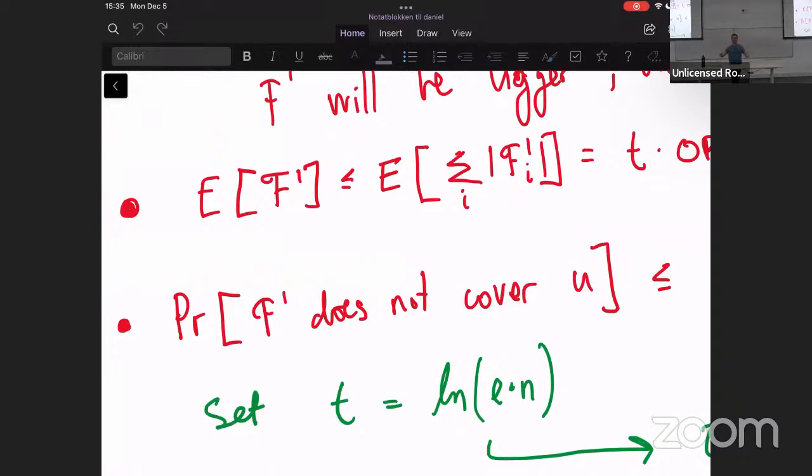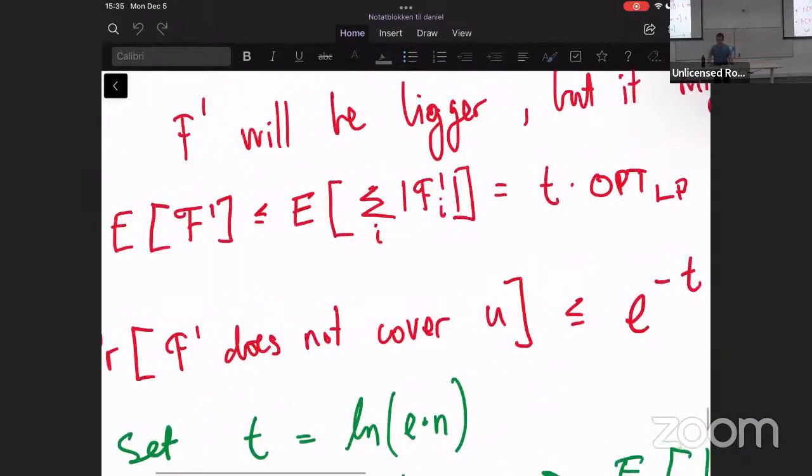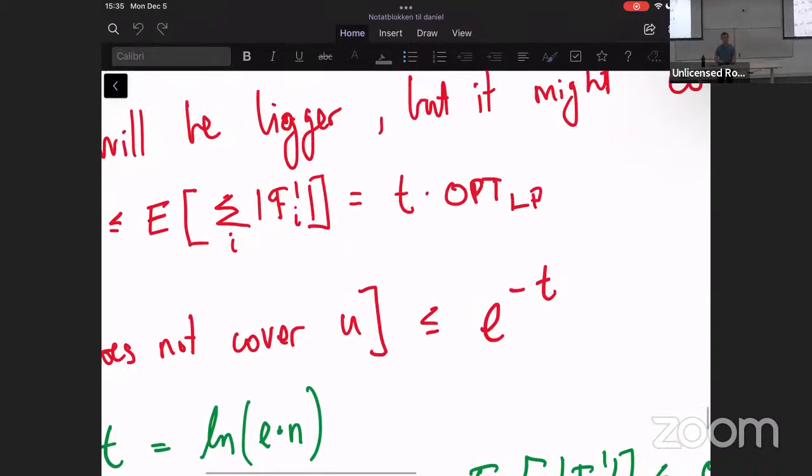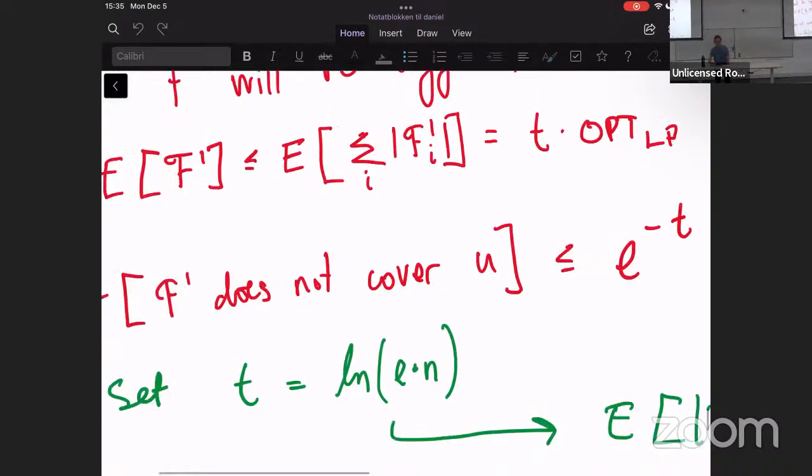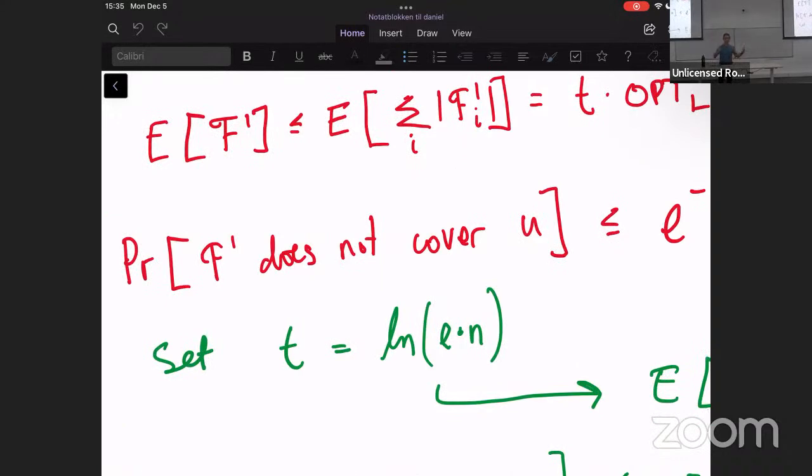So the probability that F prime doesn't cover u is e to the minus t. Now let me do some math. Let me set t to be the natural logarithm of e times m.